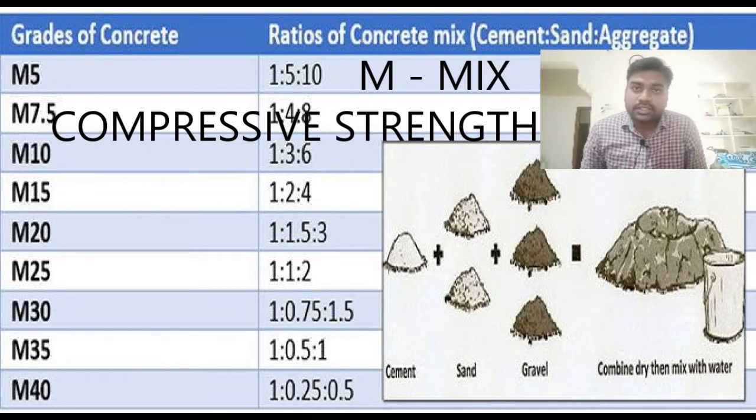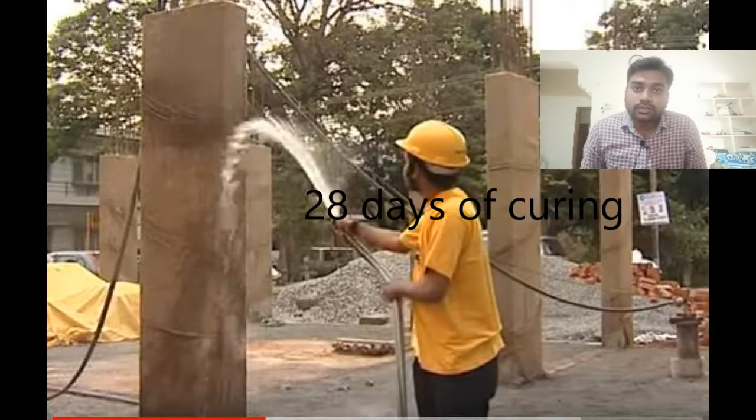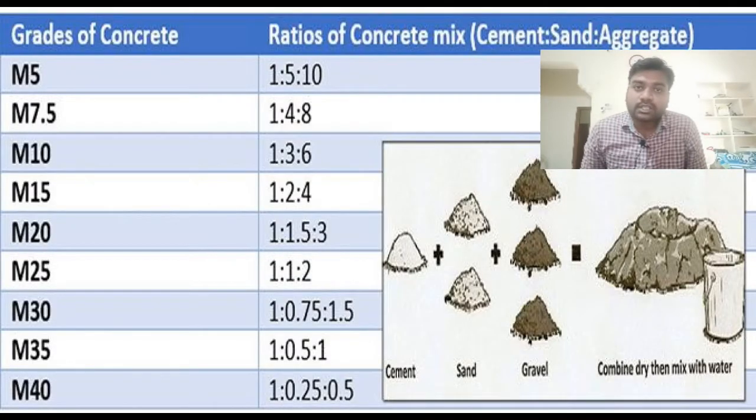Even in lab conditions, the actual grade of concrete is achieved after curing for 28 days. So the numbers are the compressive strength.